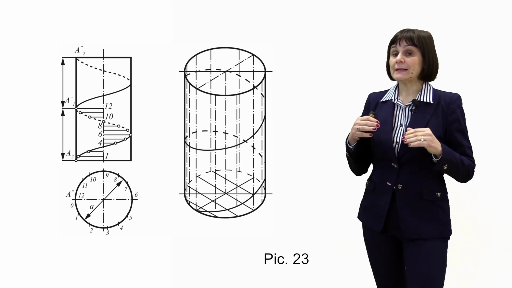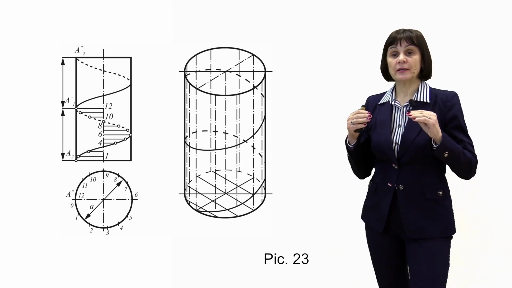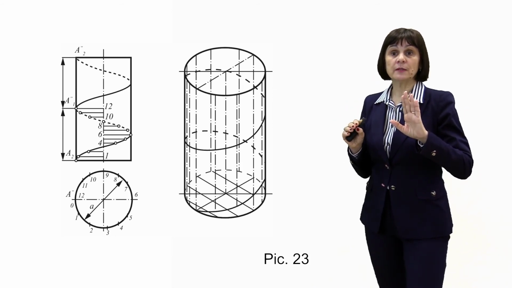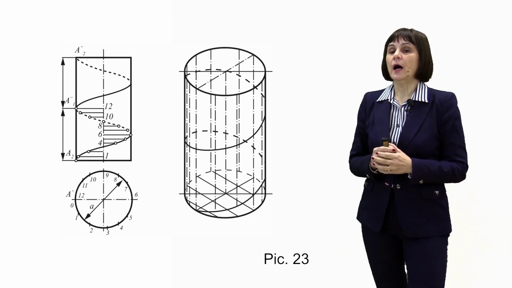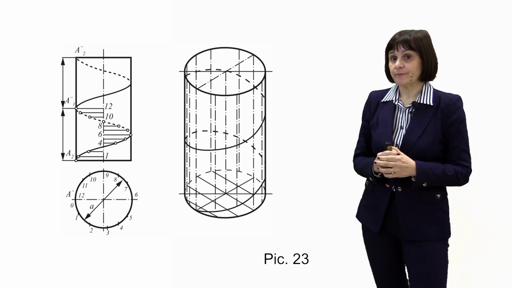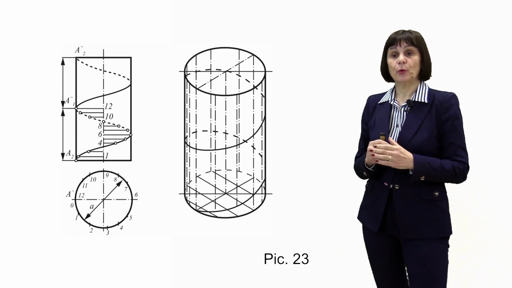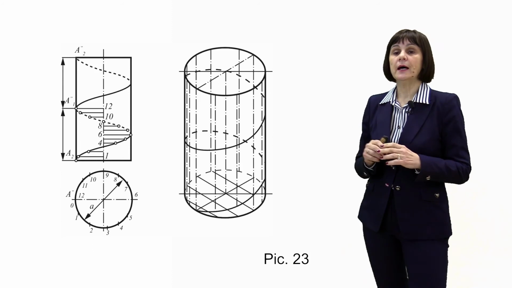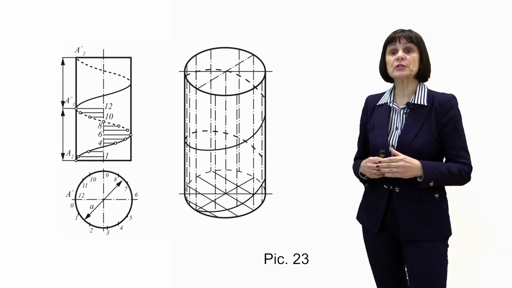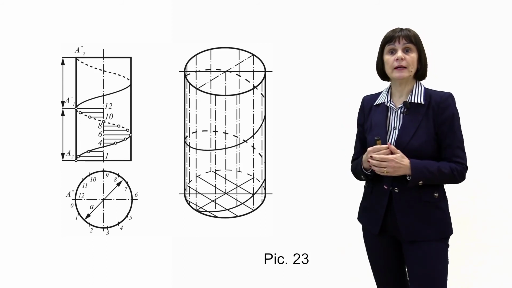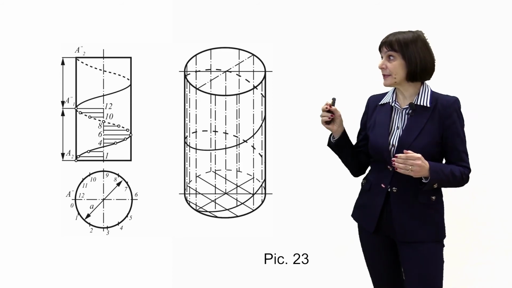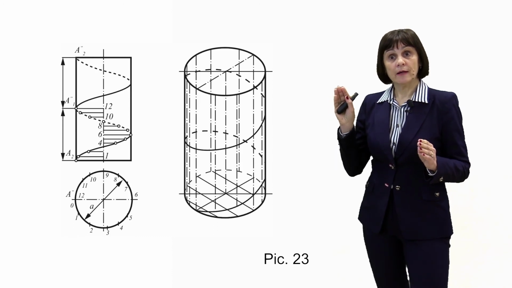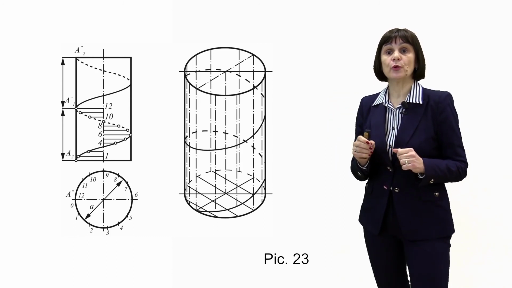So step by step we project all the points onto our frontal projection plane. Point number 6 also is located on the horizontal line. It means that this point belongs to the vertical side of the cylinder. And you can see from the drawing that, of course, it is placed on the vertical line, the right side of the cylinder.